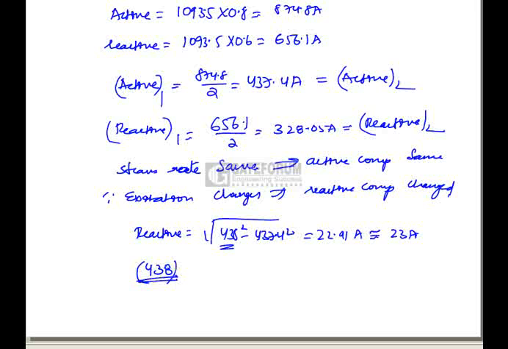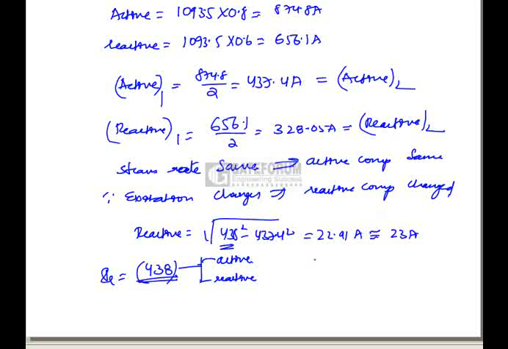That means the total current IA is 438 amperes. Since it consists of two components, active and reactive, the reactive component is the square root of total current square minus active component square, that is 22.91 amperes.